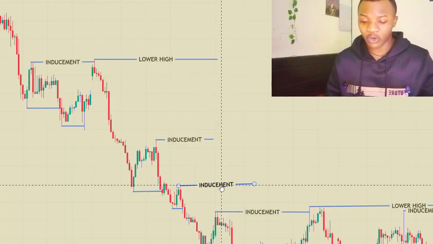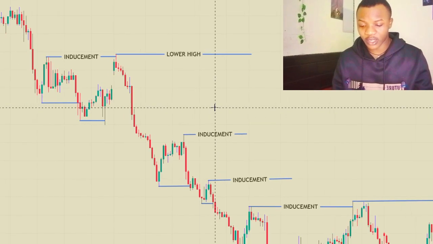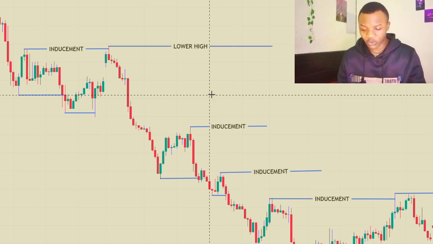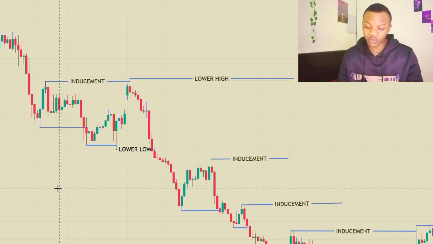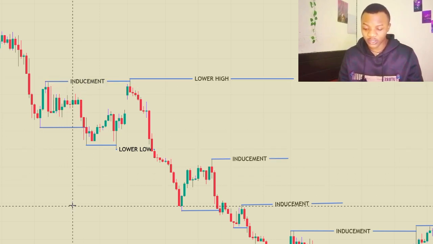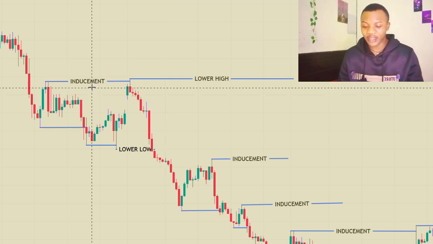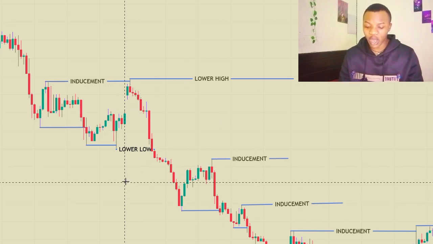Now I've already marked the structure for you. You can clearly see on your screen, guys, that the price action will always first create what we call the pullbacks, or you can call it inducement, and then the price action will always come back and break or sweep the recent inducement, and in that scenario we shall confirm our low.